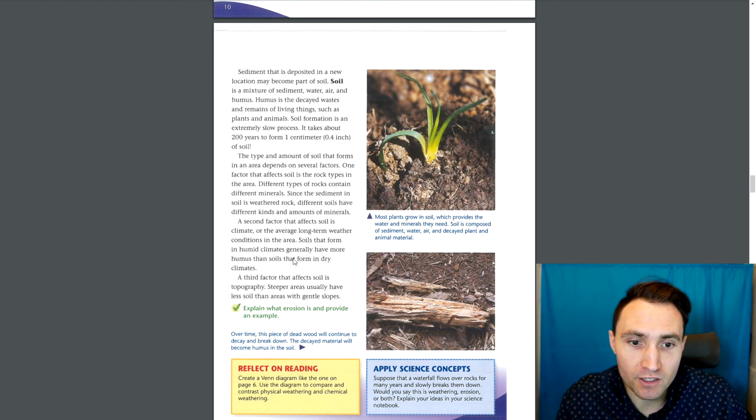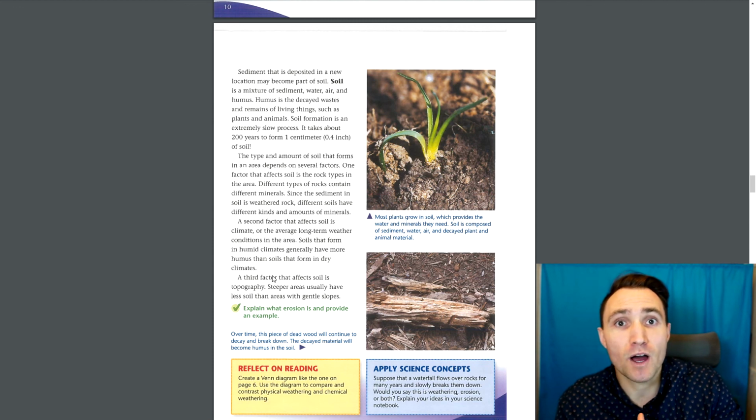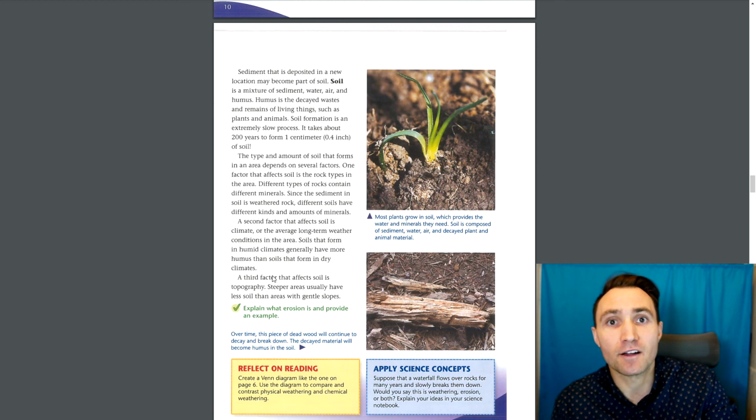Soils that form in humid climates generally have more humus than soils that form in dry climates. So the soil back in Virginia where I lived had more humus, and that's probably why there were a lot more trees and plants and a lot more green in color, unlike here in Gallup, where it's a lot more plain and bland because of the soil.